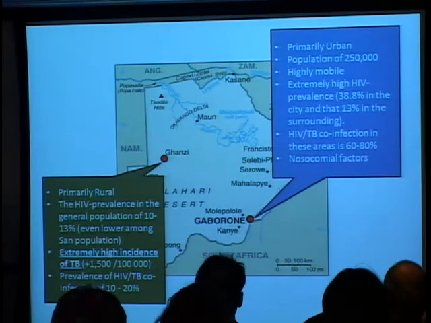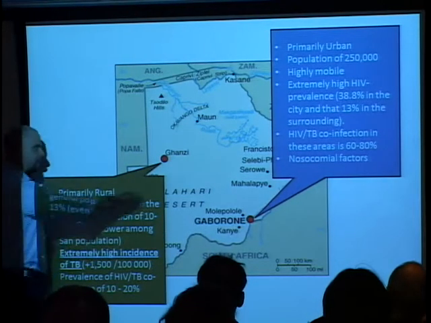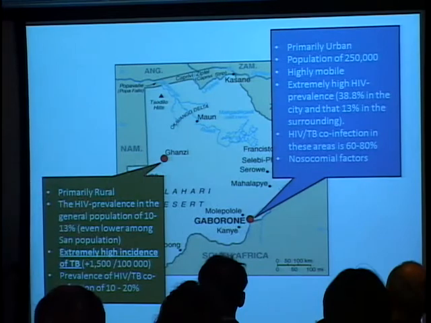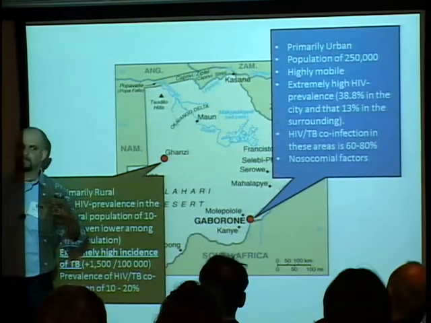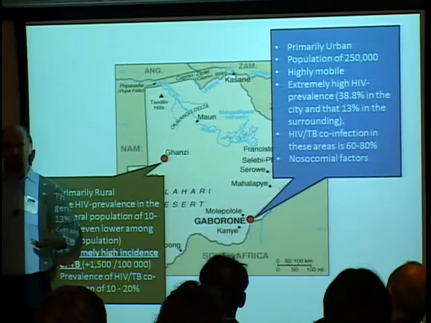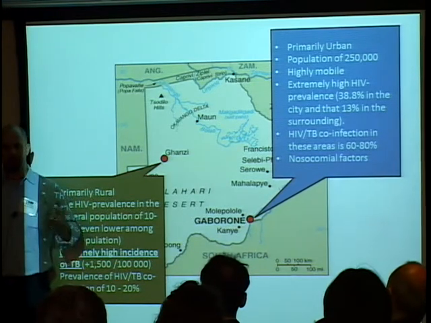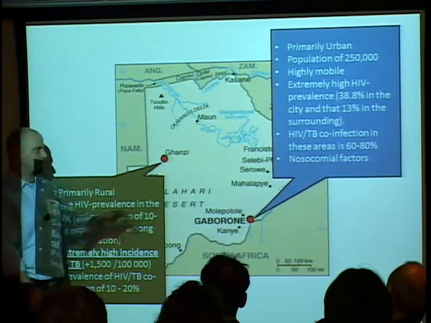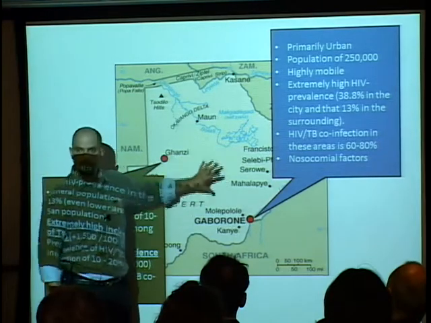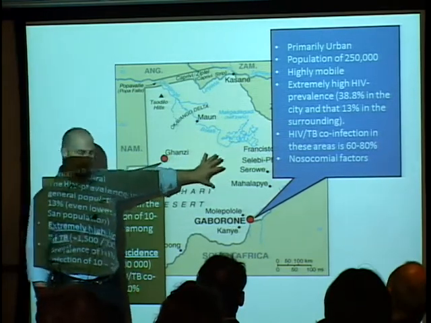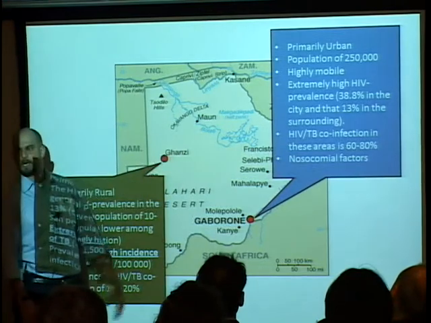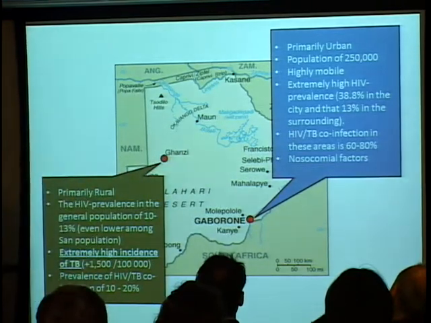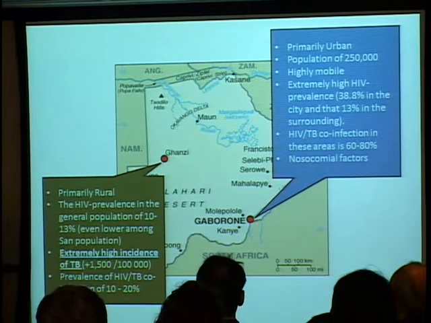On the other hand, Ghanzi is a primarily rural area, and this is where the Bushmen, the San, were relocated. That is not the politically correct word. These hunter-gatherers that were in the Kalahari were relocated to this area, so they are relatively new to TB.